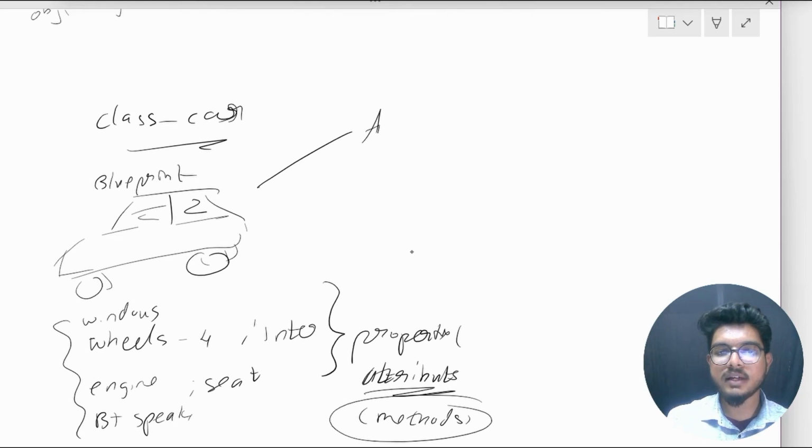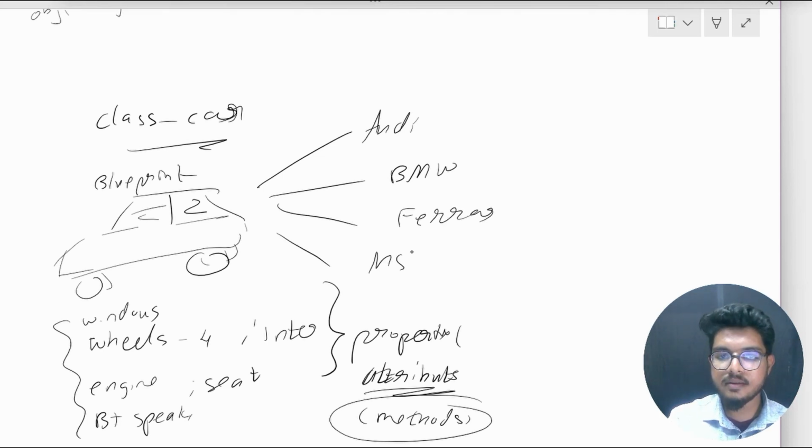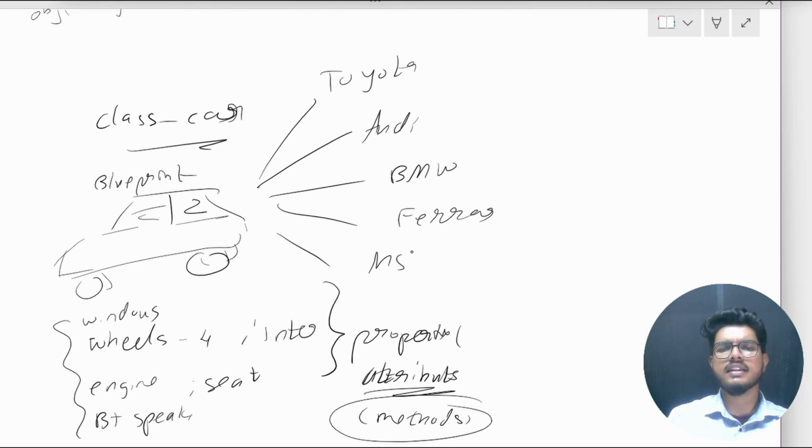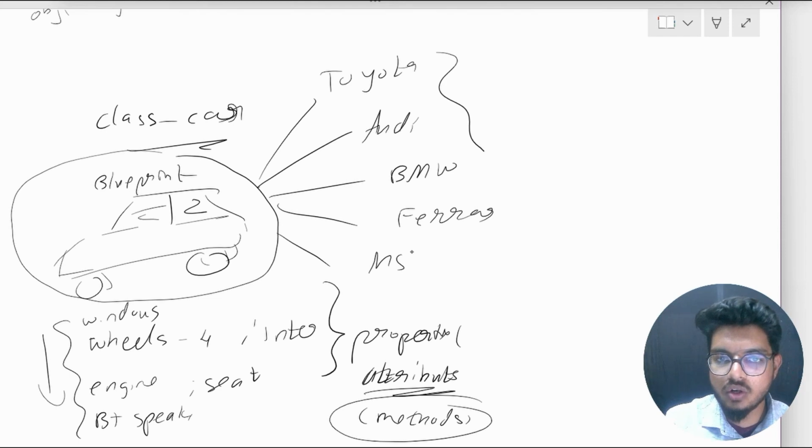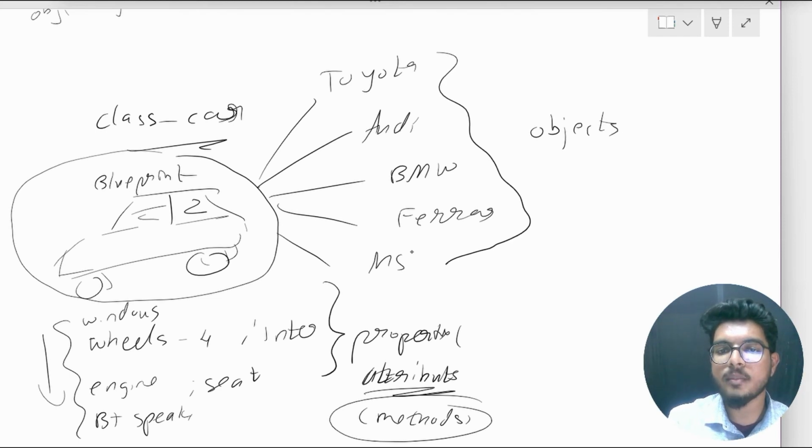We have only created a car. A car can be from a company like Audi, BMW, Ferrari, Maruti Suzuki, or Toyota, anything. There are multiple car companies, but their main agenda is to create a car, right? A car has certain properties. So all of these are nothing but objects of the car class.